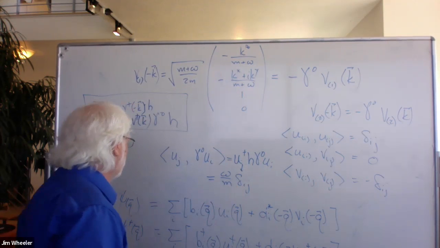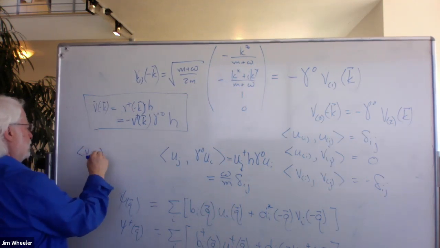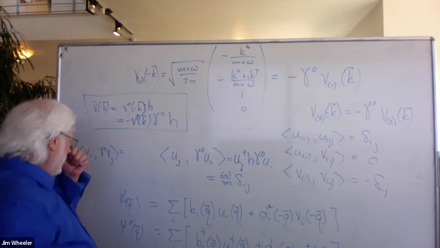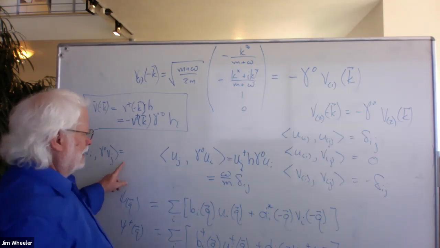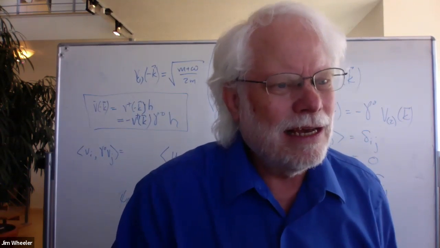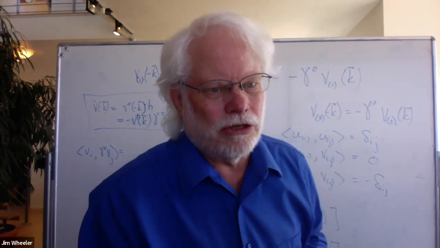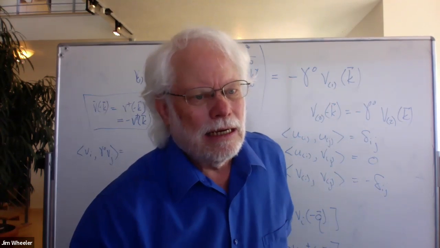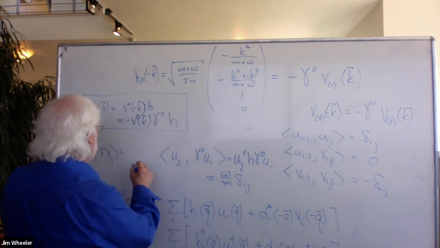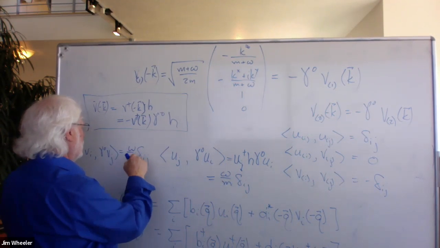Similarly, for a couple of v's, if we have v_i with gamma 0 v_j, I don't think we need the u with the v, in fact. I'm not sure it is 0, but this also turns out to be what I have written here, plus omega over m delta ij.